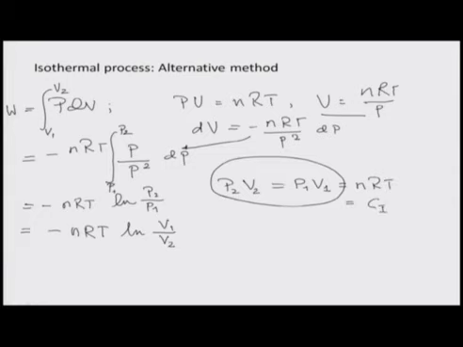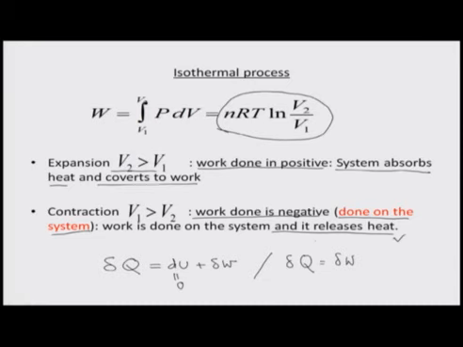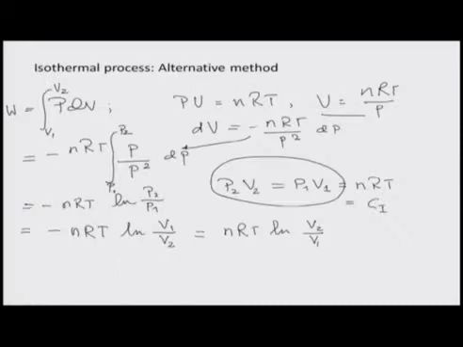So, you just take care of this minus sign, and you get nRT log V2 by V1. If you compare with the previous slide, this is precisely the result we obtained. So, you see, this result can be obtained in an alternative way. I did it only to give you a different mathematical procedure. So, this is all about isothermal processes.